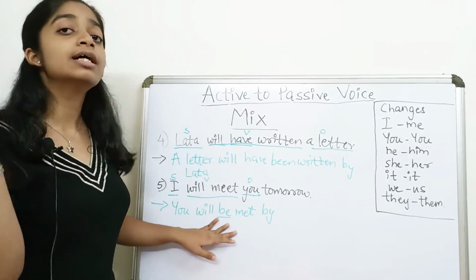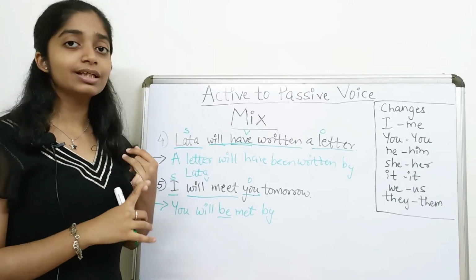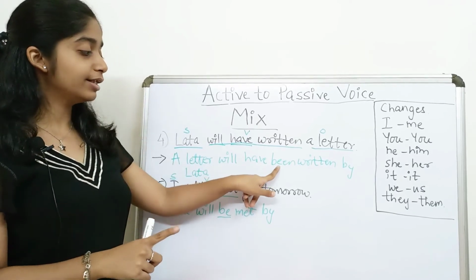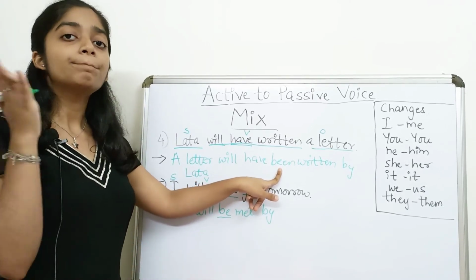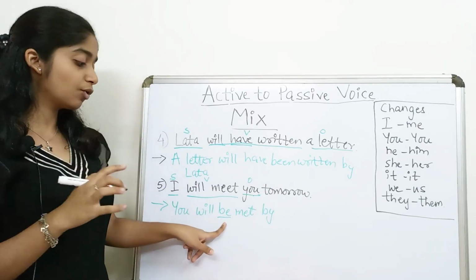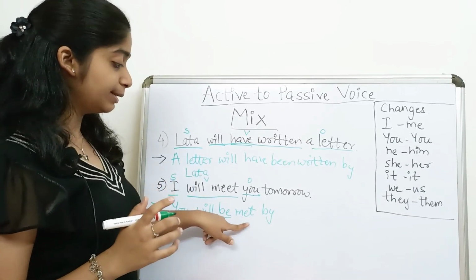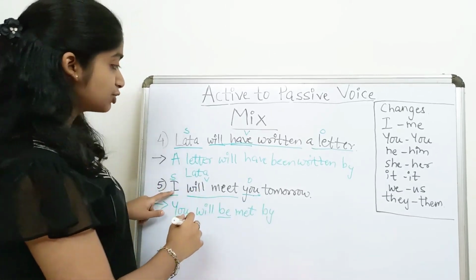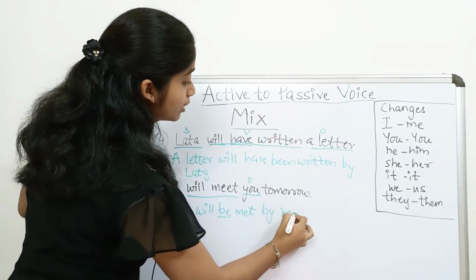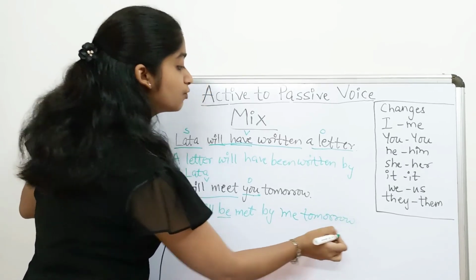Because this is the simple future tense. BEING is used when it is in the continuous tense, and BEEN is used when it is in the perfect tense. This is the simple future tense. Therefore, we have used BE. You will be met by, I changes to me. So you will be met by me tomorrow. This will be your final answer.